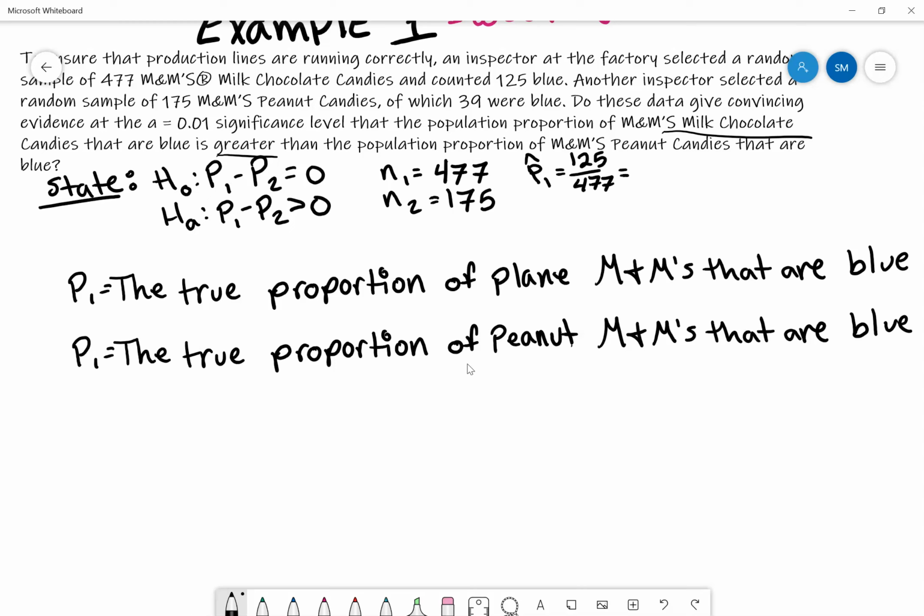As a decimal, that's about 0.262, with a little bit of rounding. The next one, P hat sub 2, is 39 over 175. As a decimal, it rounds to approximately 0.223. We know that our alpha level is 0.01.